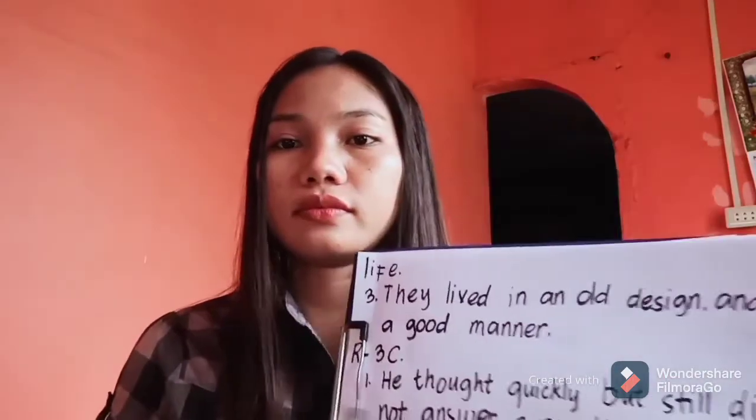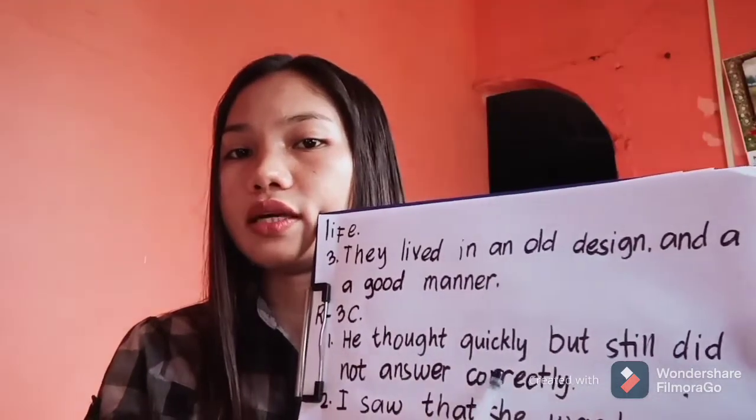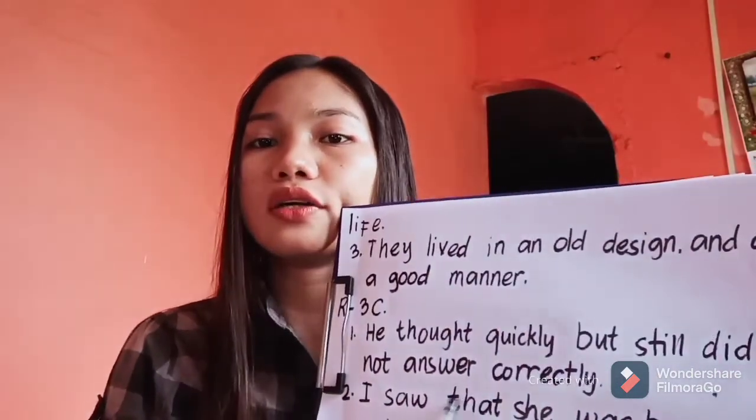Rule of comma, rule number 3C. If the subject does not appear in front of the second verb, a comma is generally unnecessary. For example, he thought quickly but still did not answer correctly.